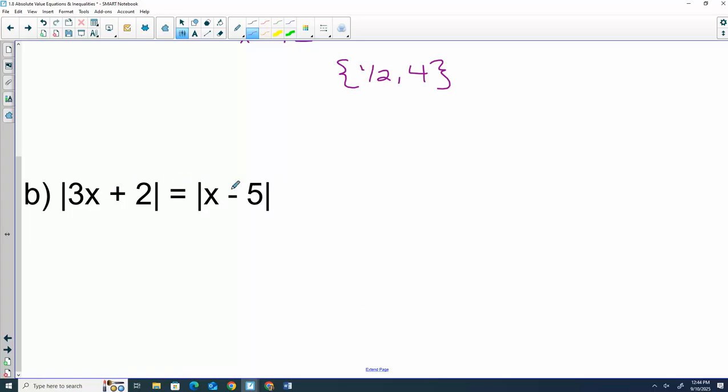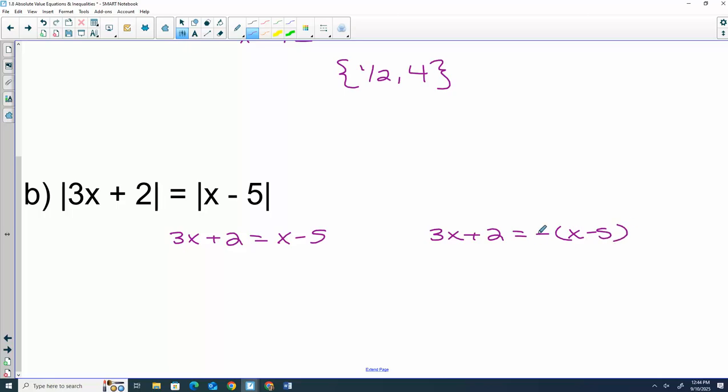Either these numbers are the same or they're opposites. For instance, they could both be a positive 2, or one could be positive 2 and one could be negative 2, right? So for that, our two options: 3x plus 2 could equal x minus 5, or 3x plus 2 could be the opposite of x minus 5.